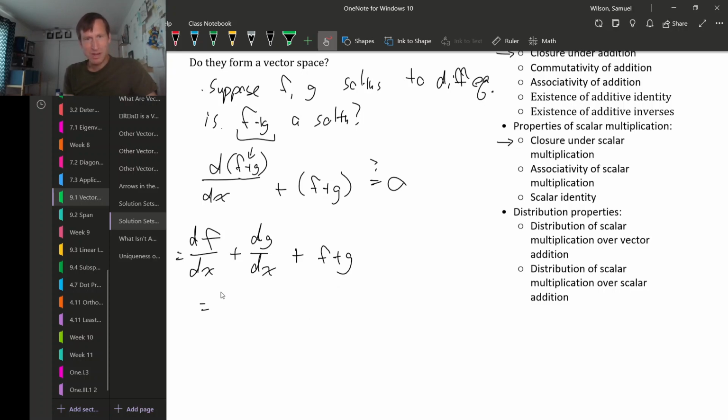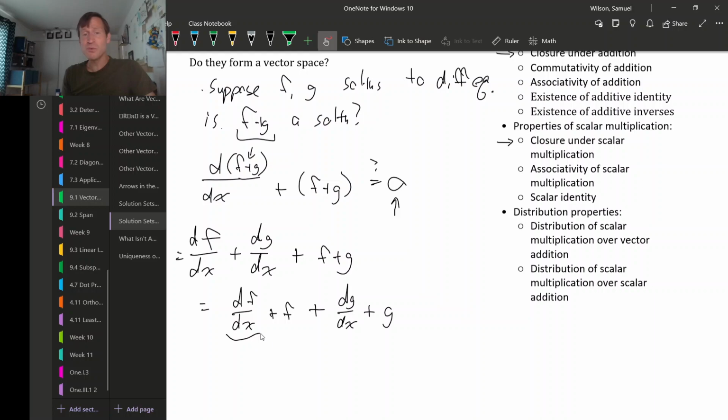Well, it would make sense to group these so that the f's are together and the g's are together. So the derivative of f with respect to x plus f, and then we have the derivative of g with respect to x plus g. Remember, we were hoping that this would come out to be 0. So is there some reason that this should be 0?